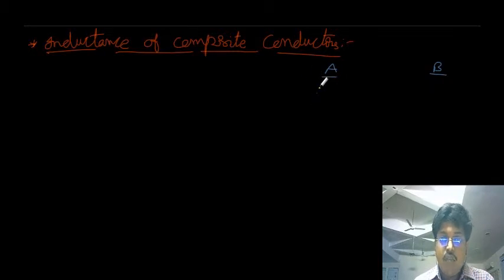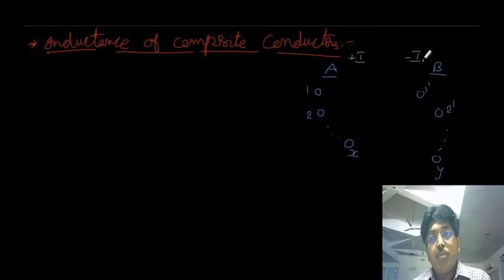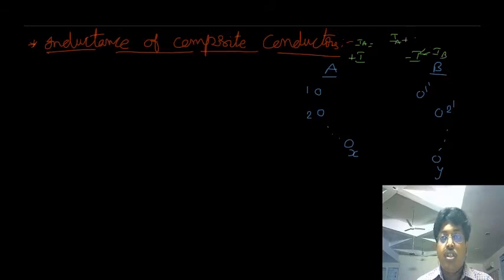Here conductor A has subconductors 1, 2, and so on up to X. I assume X conductors exist in conductor A. Similarly, Y conductors exist in composite conductor B, which are labeled 1 dash, 2 dash, and so on up to Y. I assume the current in conductor A is plus I, the total current flowing in this composite conductor, whereas the current flowing in conductor B will be IB, in such a way that IA plus IB equals 0.